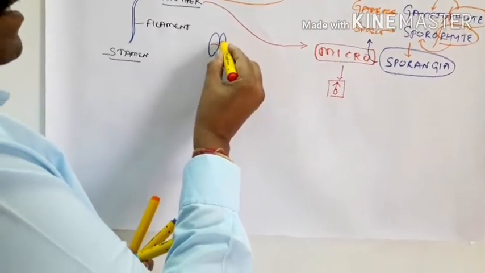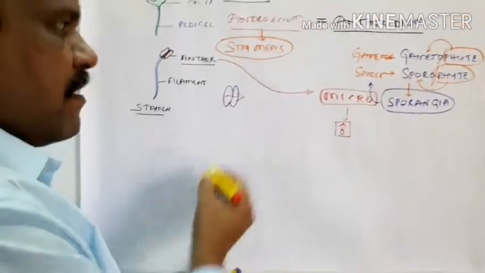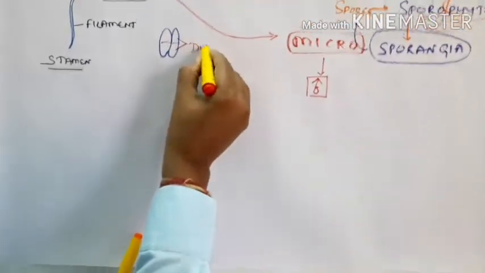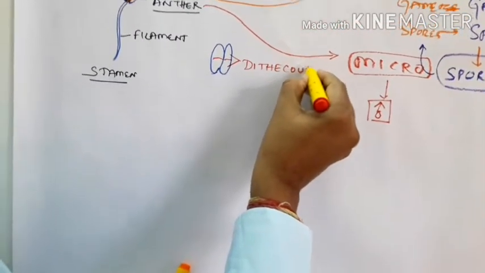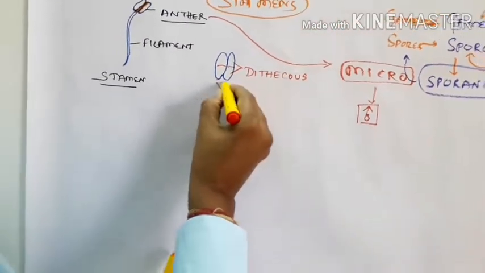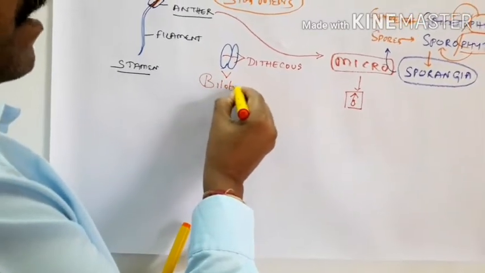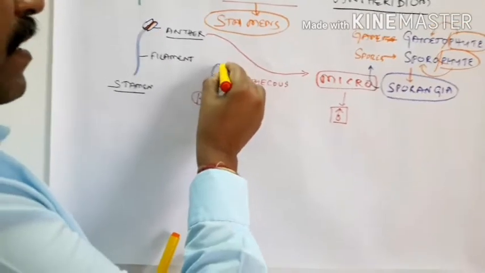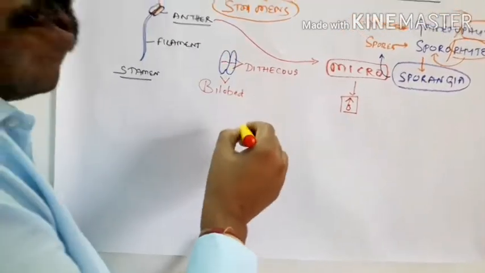Each lobe has two theca. That's why it is called dithecous. Two lobes are there, and each lobe has two theca, right?